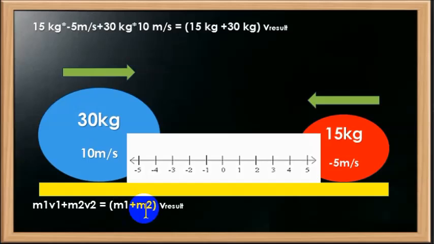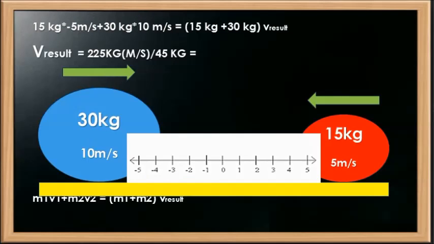Equals mass 1 plus mass 2, 15 plus 30 kilograms. And that's going to give us what I call V result. So we plug the numbers in here: 15 kilograms times negative 5 meters per second, plus 30 kilograms times 10 meters per second, equals 15 kilograms plus 30 kilograms times V result, which is the resultant velocity.